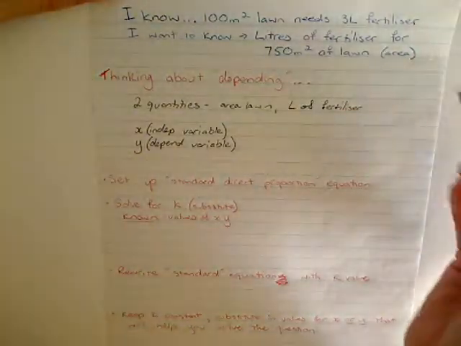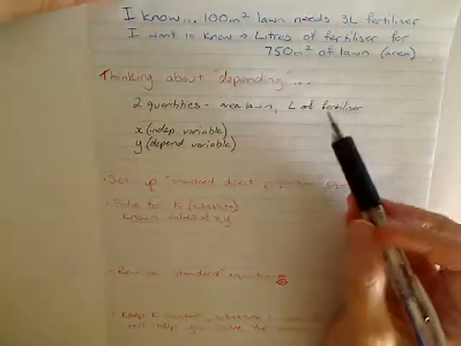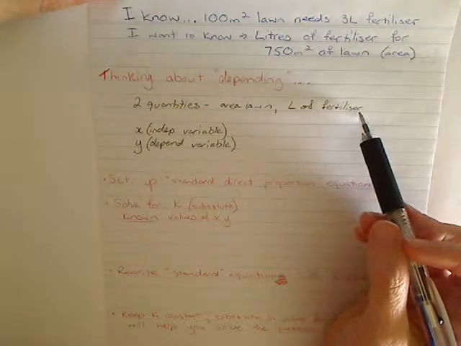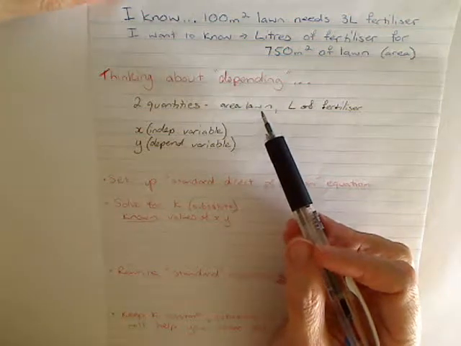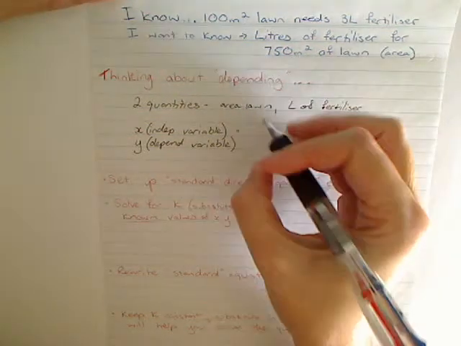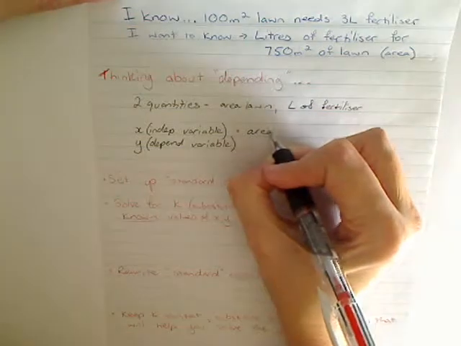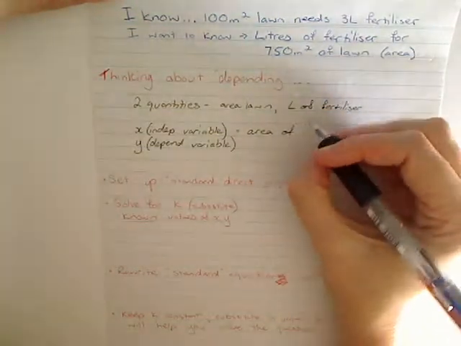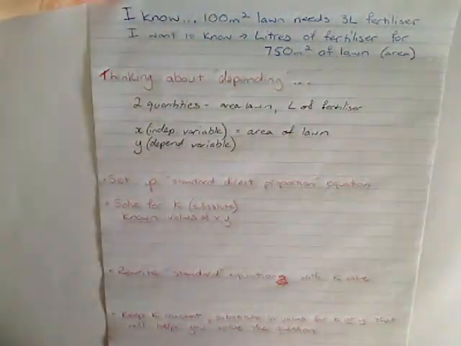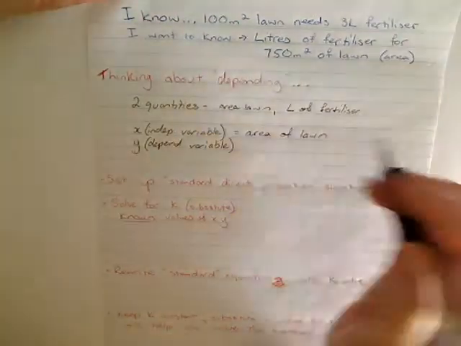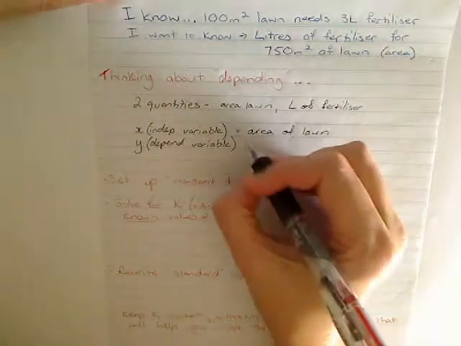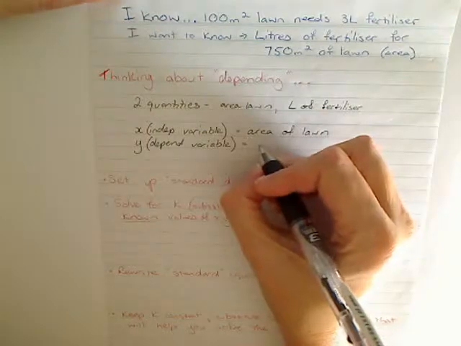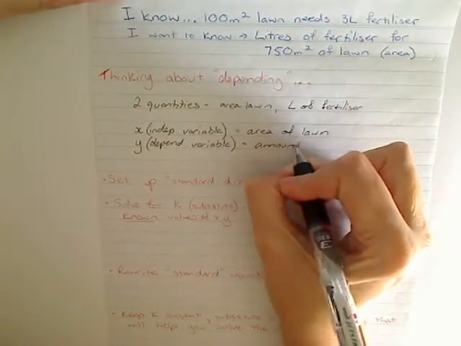In this situation, the way the question is written, the amount of fertiliser you have is going to depend on how much lawn you've got. So the area of the lawn is our independent variable. You've got some lawn, nothing's creating that. The amount of fertiliser you need is going to depend on how much lawn you've got. So our y variable, our dependent variable, is the amount of fertiliser.